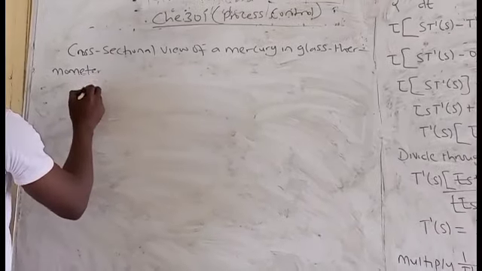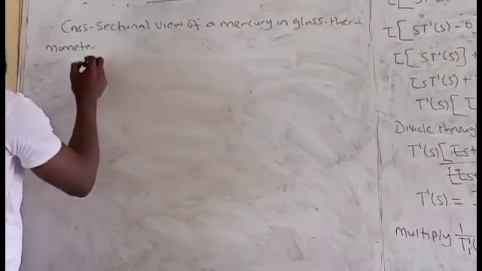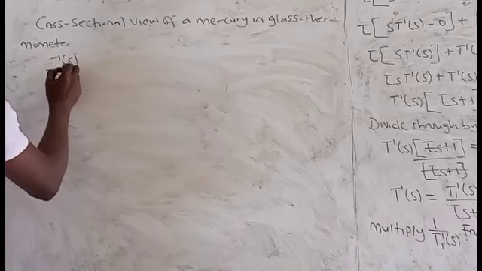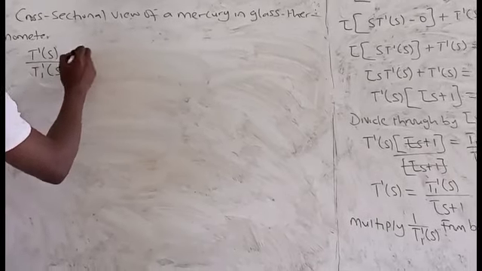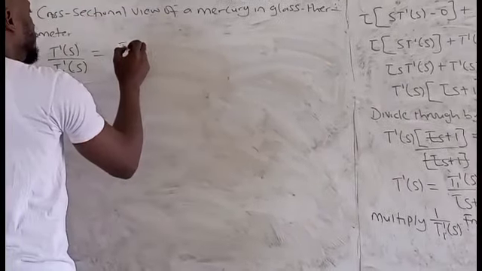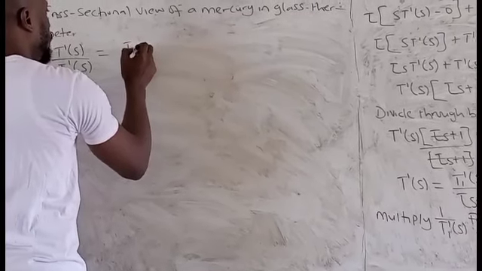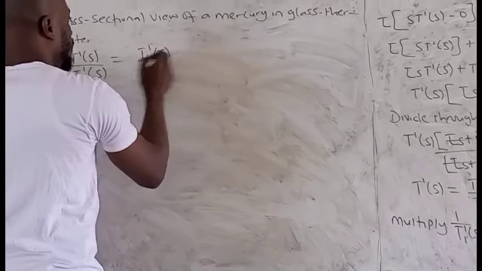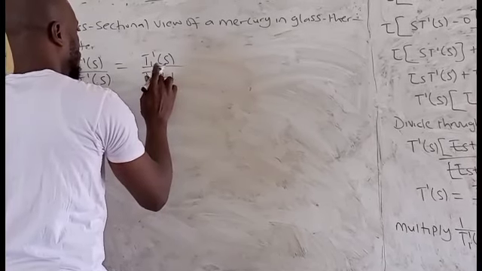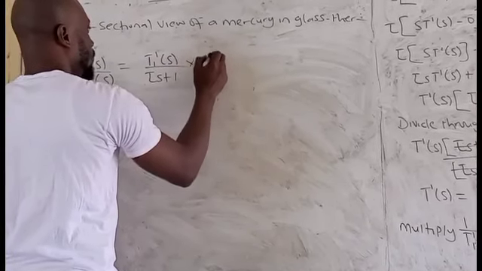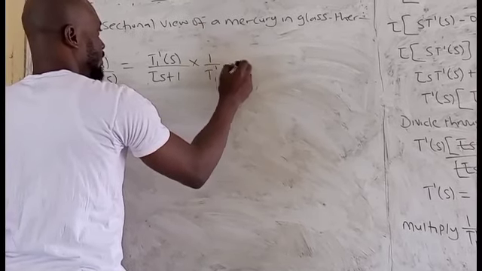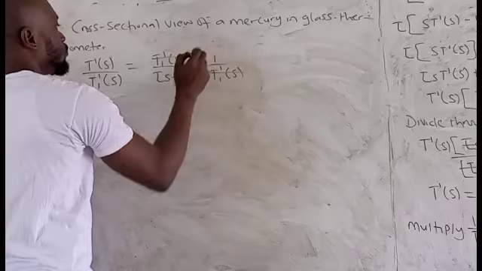You will have T'(s) over T1'(s) equal to T1'(s) over (tau s plus 1), multiplied by 1 over T1'(s), so that this T1'(s) will cancel this.